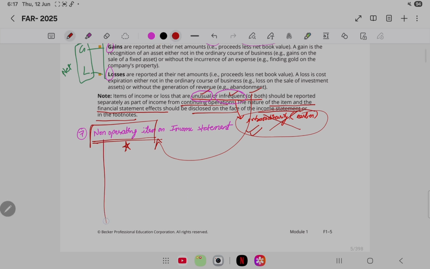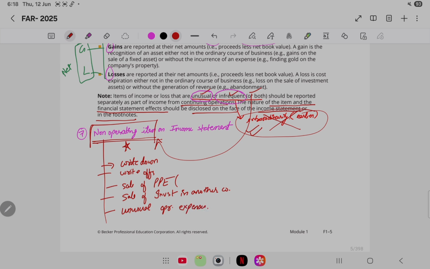Let me tell you the examples of non-operating items: write-downs, write-offs, sale of PPE, property, plant and equipment, sale of investment in another company, unusual operating expenses, or sale of anything other than inventory. They come under the non-operating items.